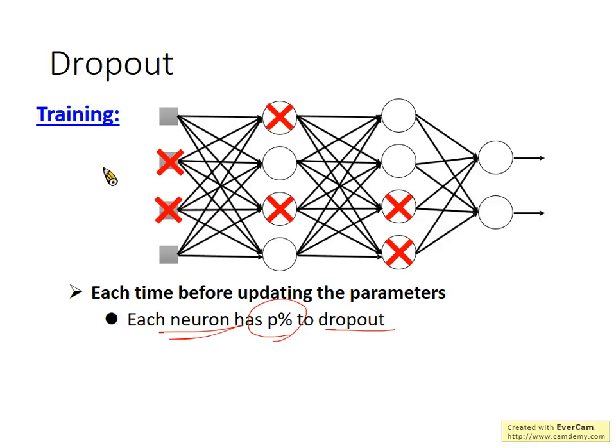So at this epoch, we may ignore this neuron, this neuron, this neuron. That means all links related to these neurons are set to 0. At the next update, we may randomly select other neurons to be ignored. So this is the simple idea of dropout.